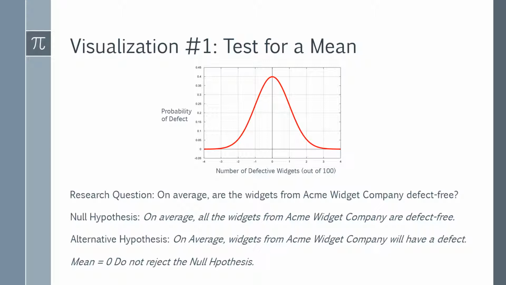The alternative hypothesis would be on average the widgets from the Acme company will have a defect, which would mean the mean is not equal to 0. Here, since the mean is equal to 0, we are not going to reject the null hypothesis. We will say, on average, that all the widgets from the Acme company are defect-free.